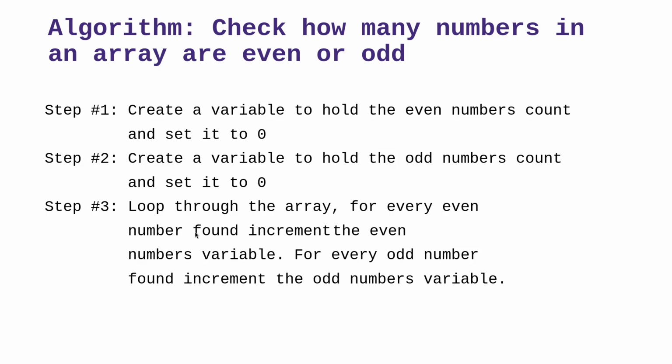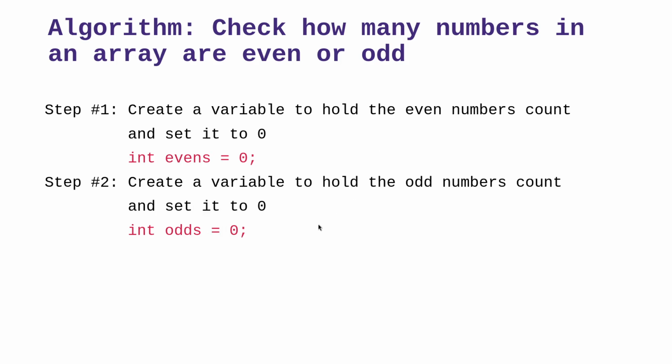If it's even, we add 1 to the even number count, and if it's odd, we add 1 to the odd number count. And that's pretty much it. Rather straightforward. So that would look something like this.